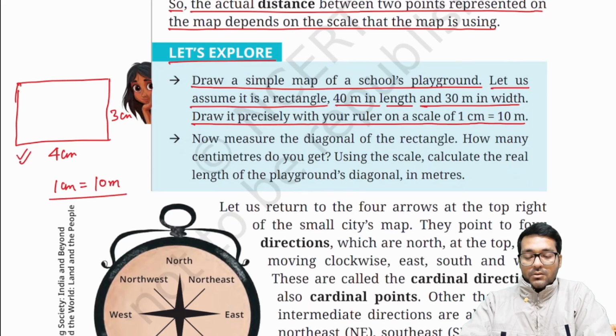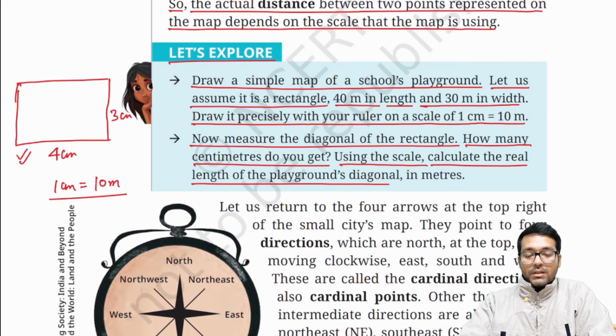The map of the playground will be like this. Now measure the diagonal of the rectangle. How many centimeters do you get? Using the scale, calculate the real length of the playground's diagonal in meters. The length of diagonal on the map will be 5 centimeter, and it will correspond to 50 meter on the ground.